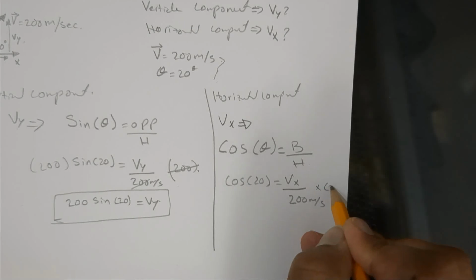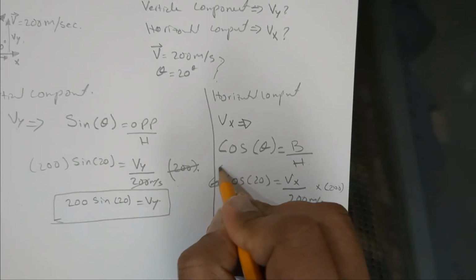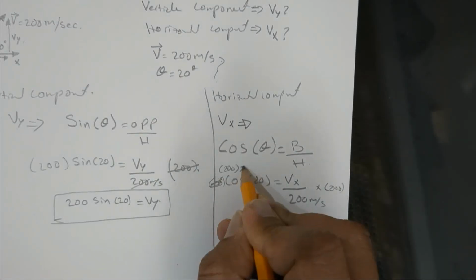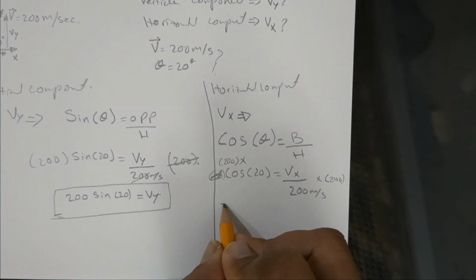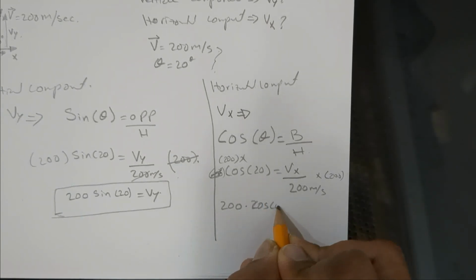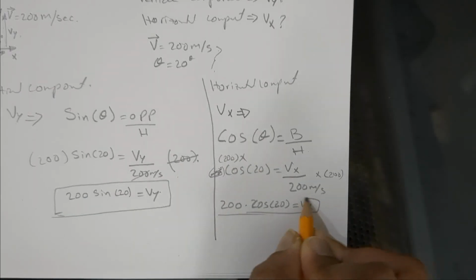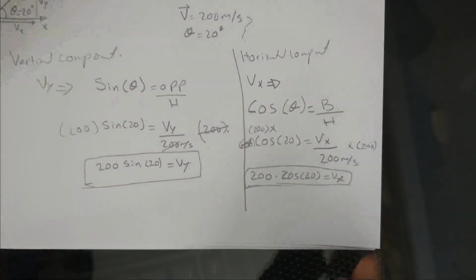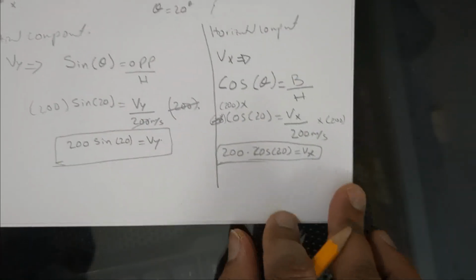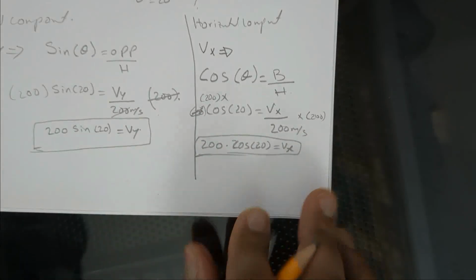We're going to multiply each side by 200. I should have used more room. Times it by 200. So then we'll get 200 times cos of 20 equal Vx. So perfect. So now we have two equations that define both the x and y components, horizontal and vertical, of the problem.